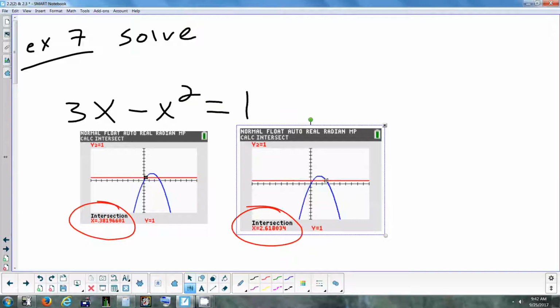Now, what's the disadvantage of doing it on a calculator? What can't the calculator tell you that solving it the way I did last time can? An exact answer. Calculator cannot give you the exact answer. Okay? But it is a good way to double check your answer.